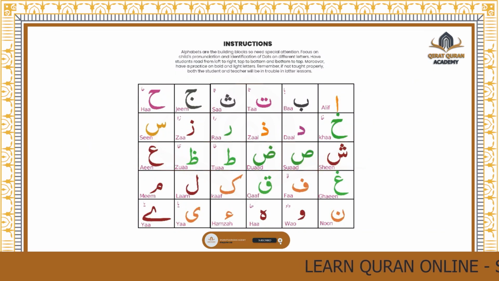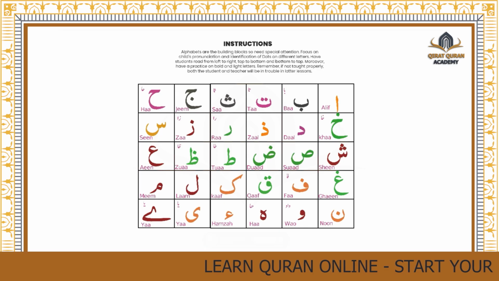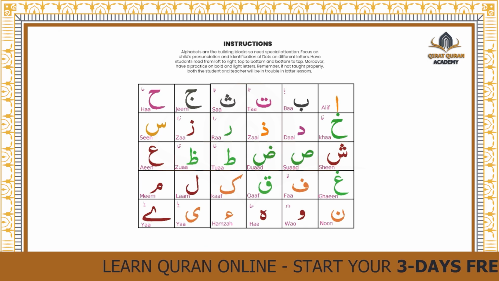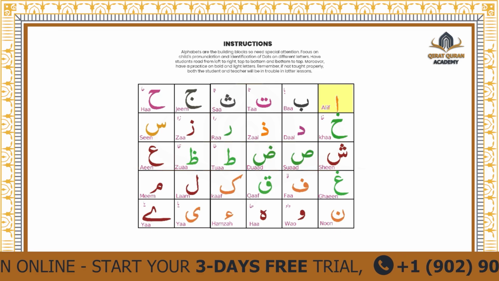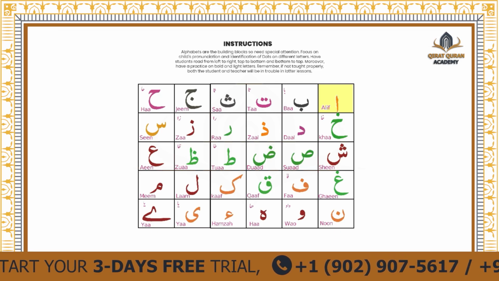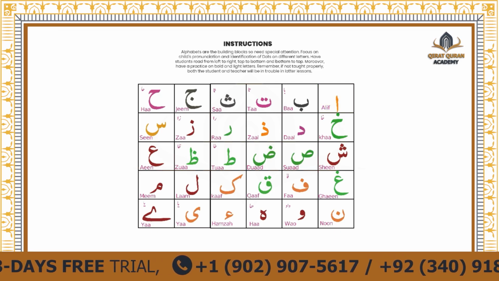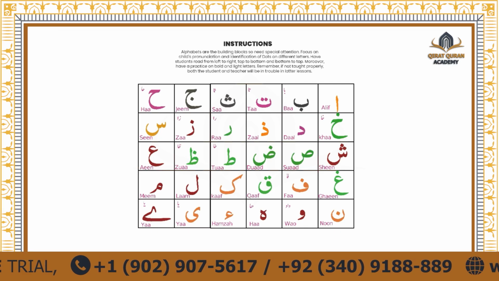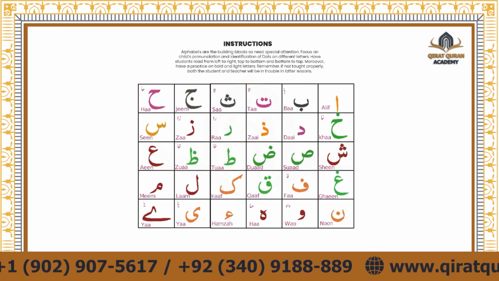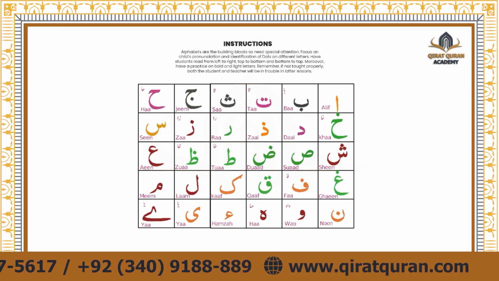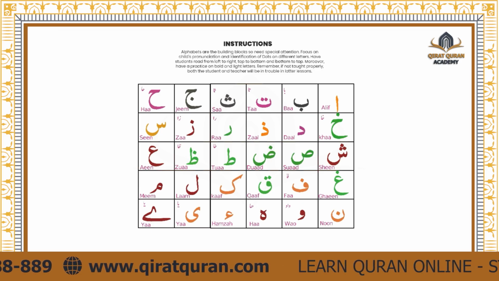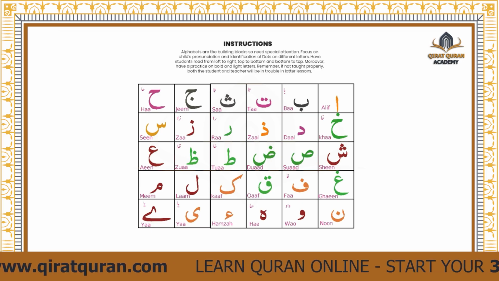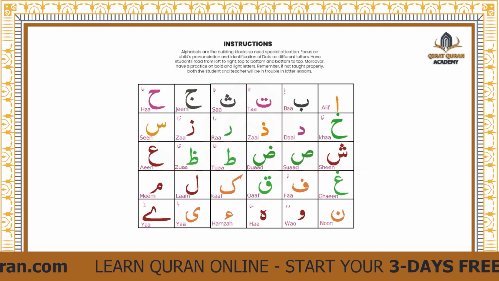In the previous lessons, we completed all these letters from alif to ya, and we also read about the formation of different letters, how we can recognize every single letter, how many dots every letter has, and how we can recognize the letters when they are alone.